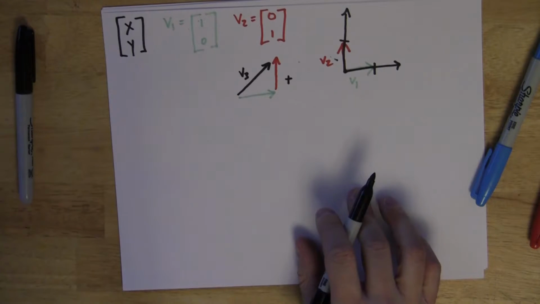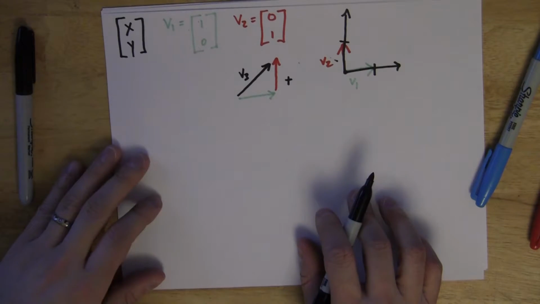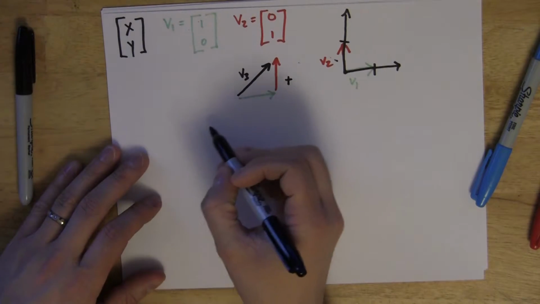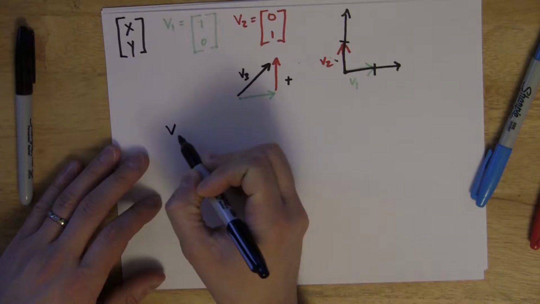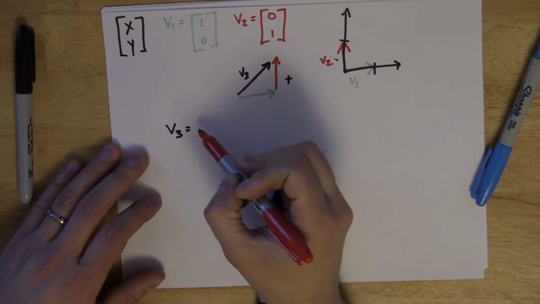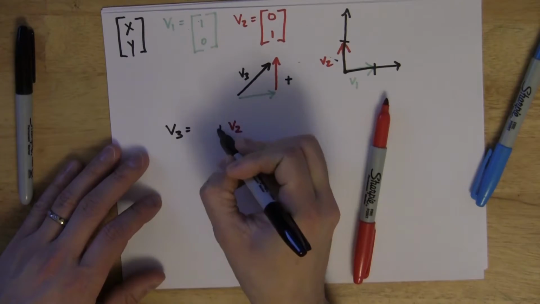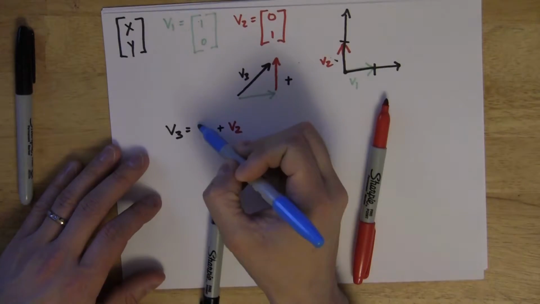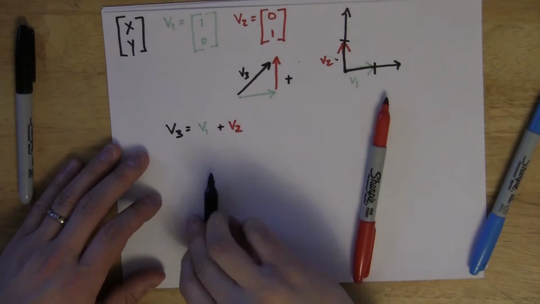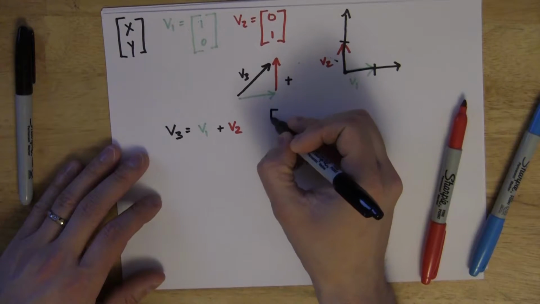Alright? Well, let's look at the math behind this instead of just the geometry. So let's do vector 3 is equal to vector 2 plus vector 1, which is going to look like this.